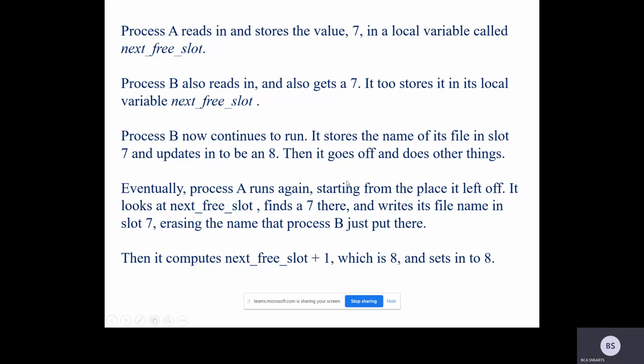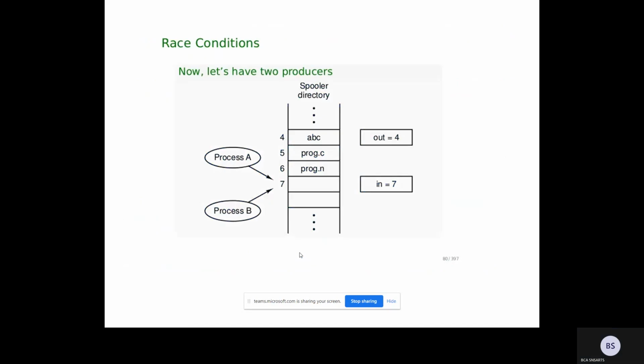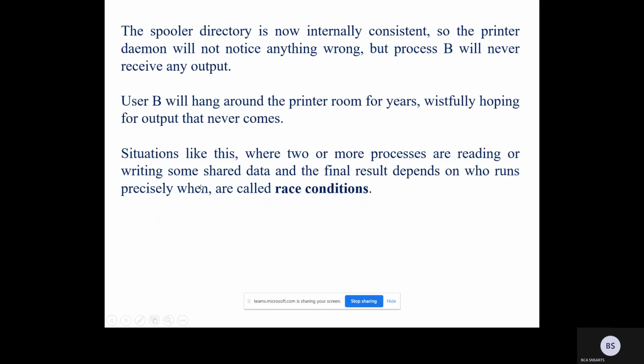Process B continues to run. It writes something into the file, updates in to 8 and goes off. Eventually, process A comes again. It overwrites where B had written and sets the next free slot in the variable to 8. Okay, the process proper is that everything happened correctly. The only thing is that the file written by B is overwritten.